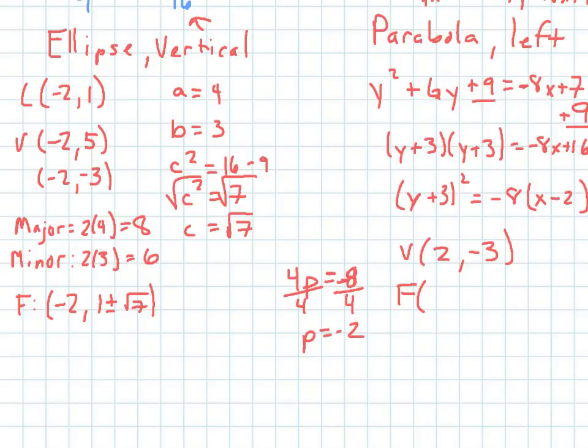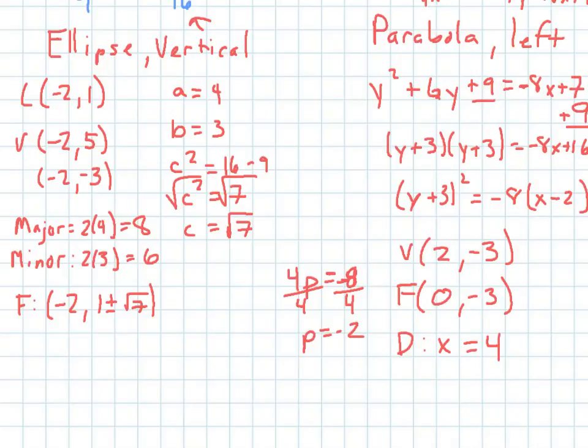And so for my focus, because you're opening left, the x values are going to change. So then 2 plus a -2 will get me 0. And then for your directrix, it's also x, so it's going to be h minus p. So then 2 minus the -2 will give you 4.